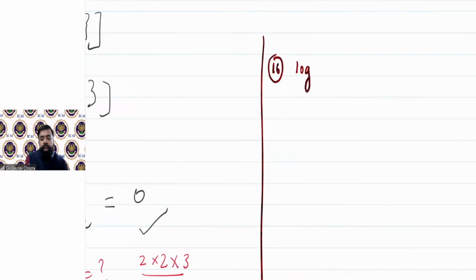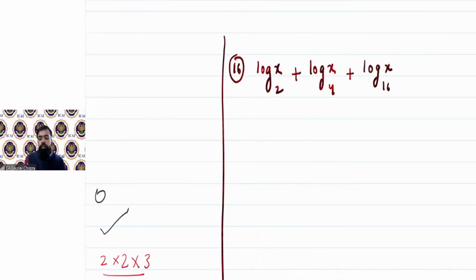Log of x base 2 plus log of x base 4 plus log of x base 16 is equal to 21 by 4.